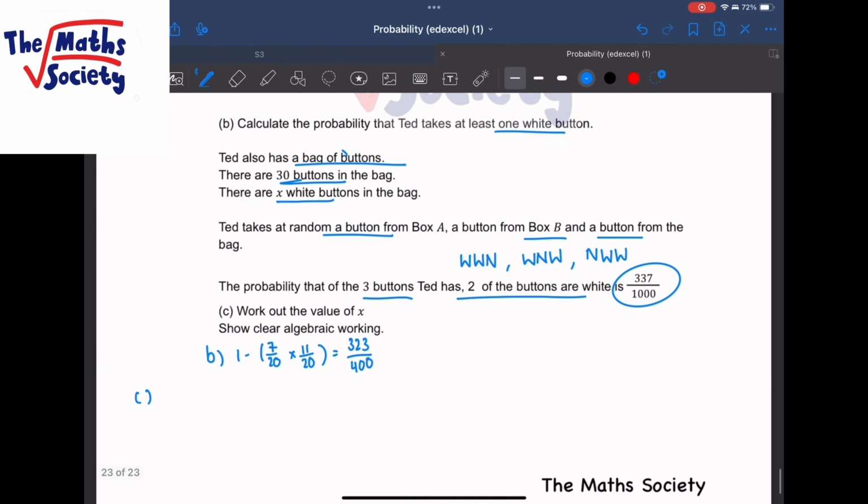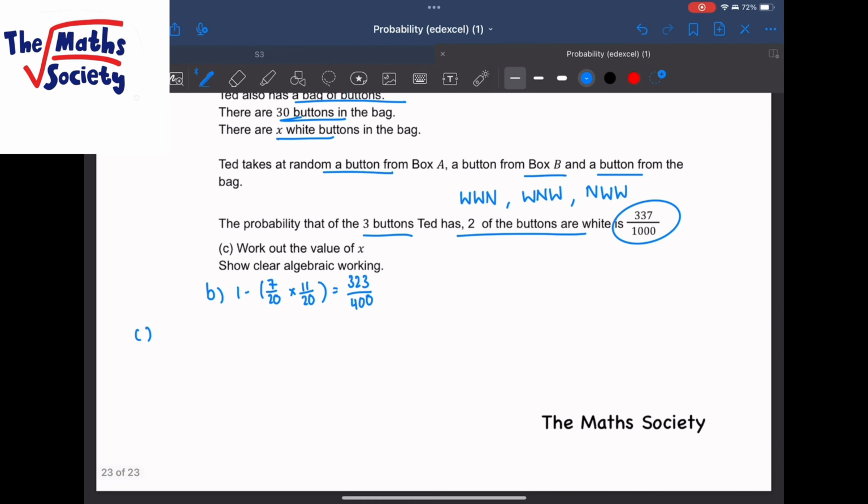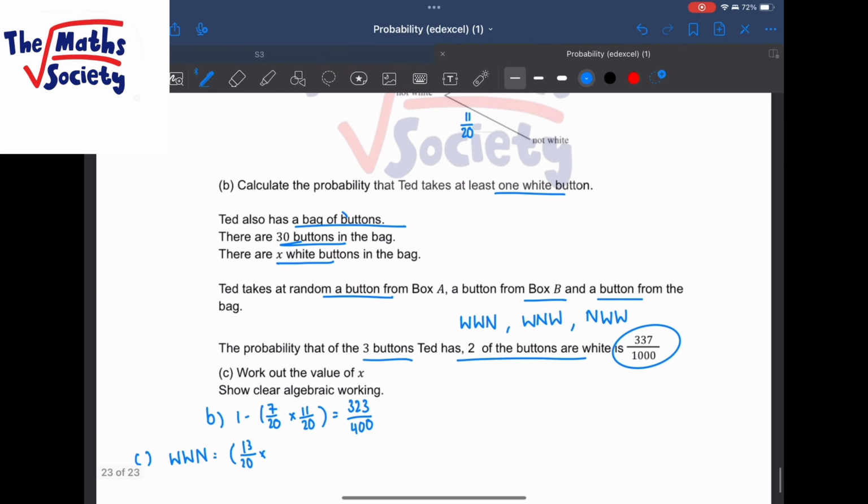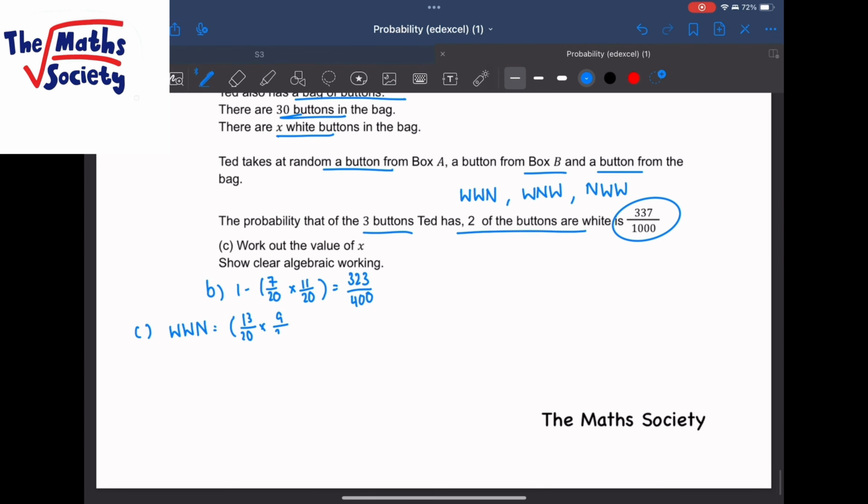We need to add them. So white, white was 13 by 20, and another white was 9 by 20, right? And the bag button being not white is 30 minus x by 30. So that's equal to 3510 minus 117x by 12,000.